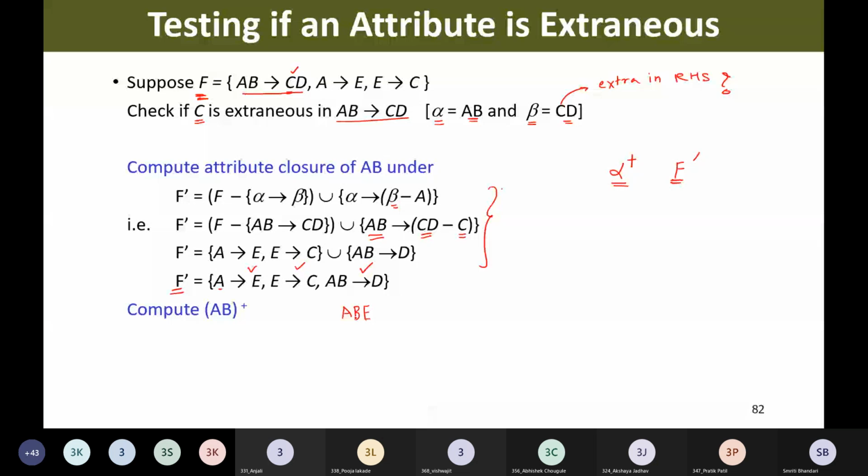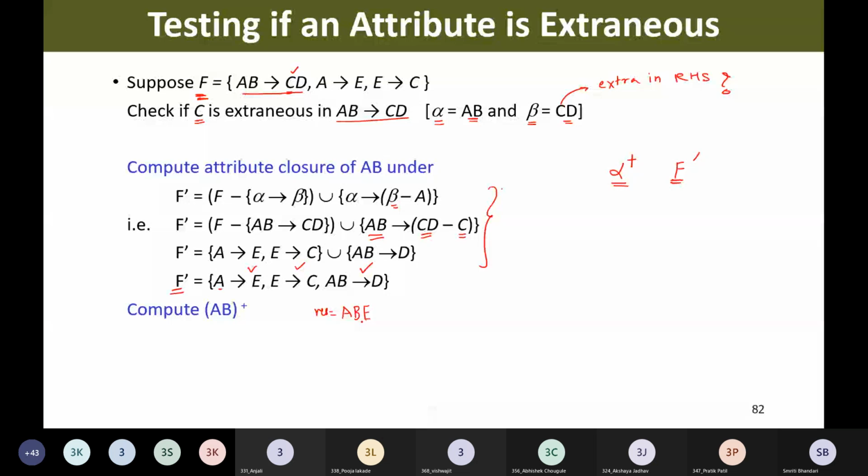What next? I will be picking up the next functional dependency E to C. I'll check whether E is a subset of this. Yes. So the right hand side is concatenated to the result.